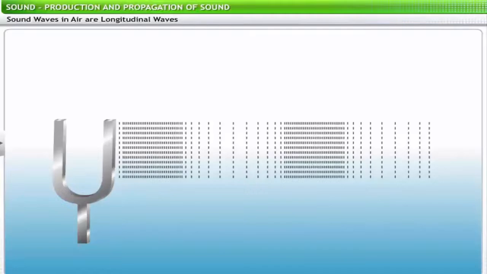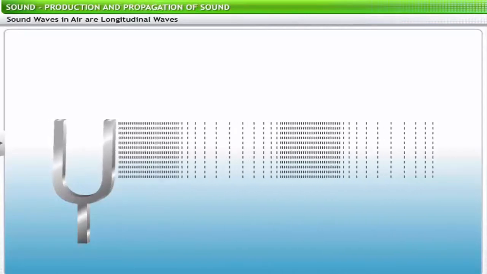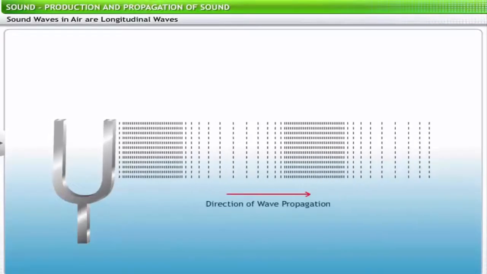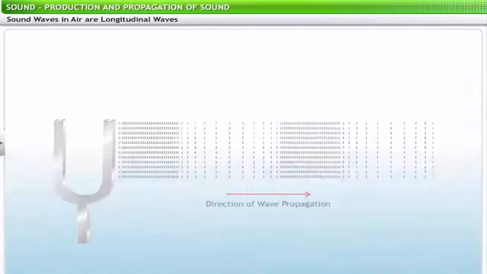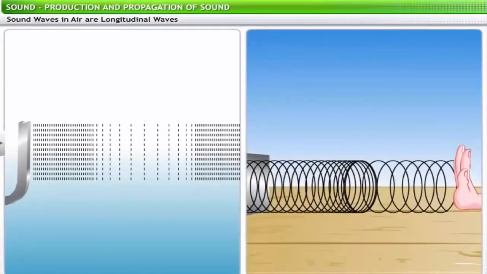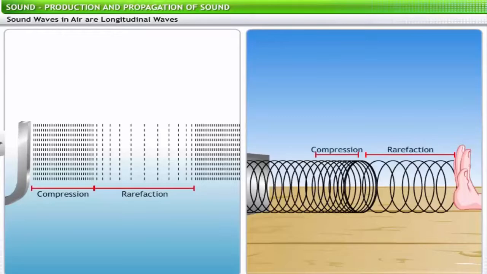In sound waves produced by a tuning fork, particles of the medium vibrate in a direction parallel to the direction of wave propagation. This produces compressions and rarefactions in the wave, similar to that in the pattern showed by a slinky. Thus, we can see that sound waves in air are longitudinal waves.